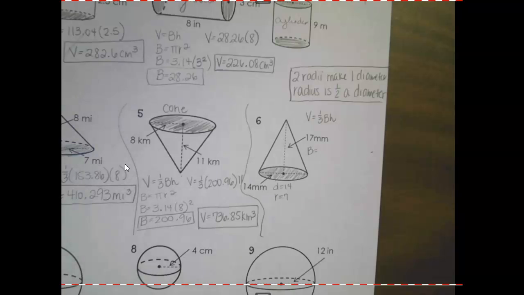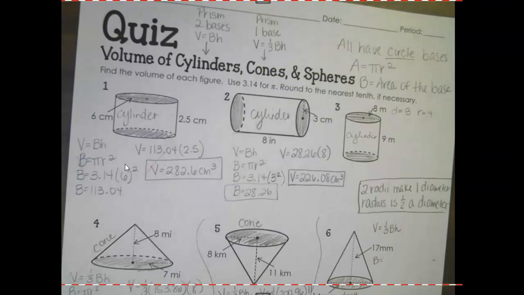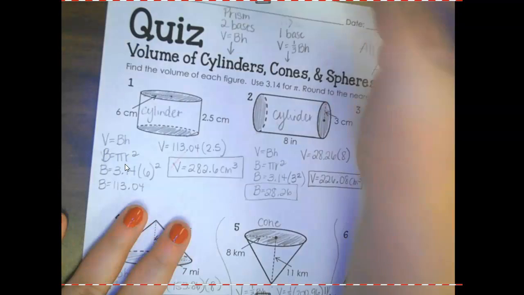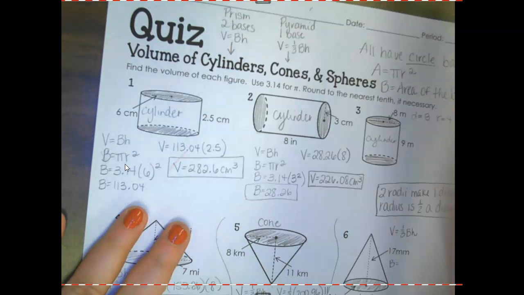Alright, so you should have already done number 6. So a couple things I want to review. That cylinders are prisms. They have 2 bases, and V equals big BH. And the height on a cylinder is going to connect my 2 bases. Alright, versus a cone, which is a pyramid. Oh my gosh, I'm so glad I caught that mistake. If I was in class, someone would have caught that for me.